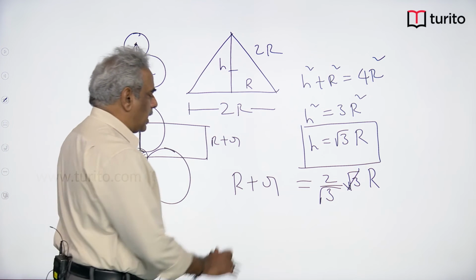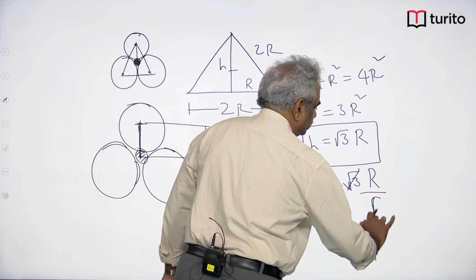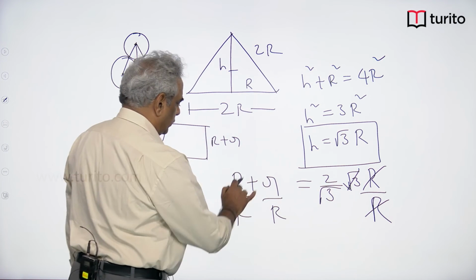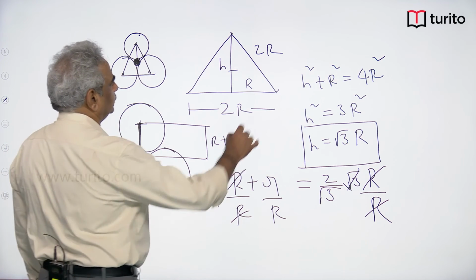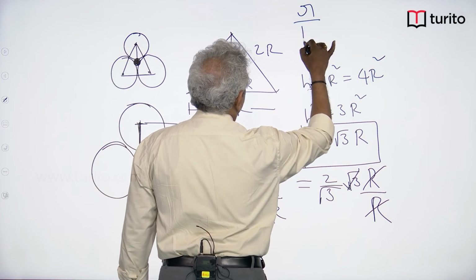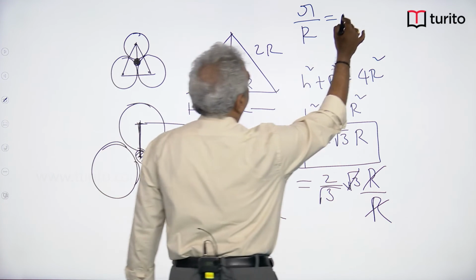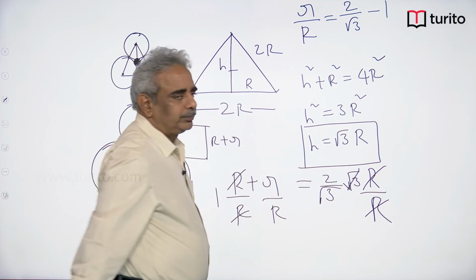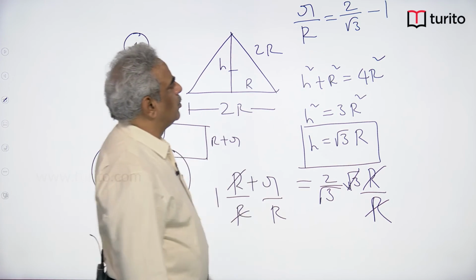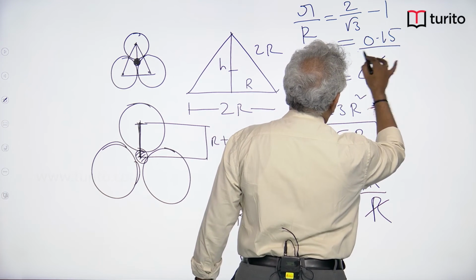Now I will divide everything by r, so r by r gets cancelled, this gives 1. So small r by capital R is equal to 2 by root 3 minus 1. So that is going to give me approximately 0.15.